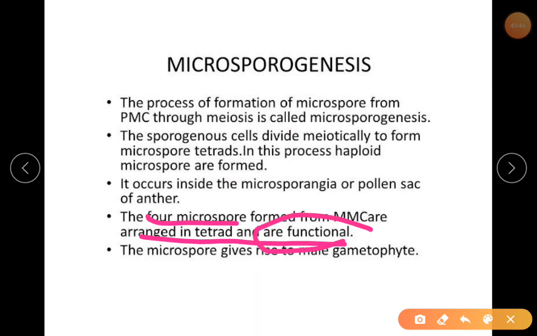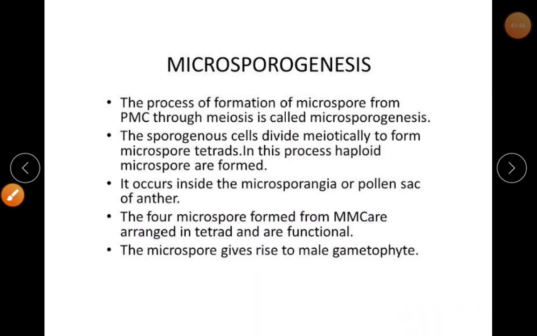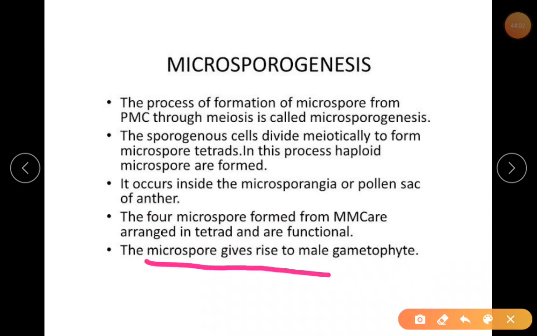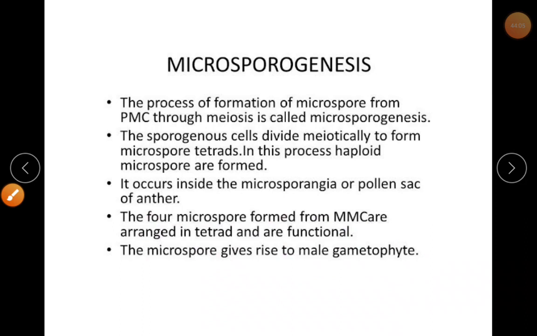This is important. All 4 microspores will develop into functional pollen grains, and each of these pollen grains is termed a male gametophyte. That's why the last sentence says microspore gives rise to male gametophyte, which is nothing but your pollen grain.